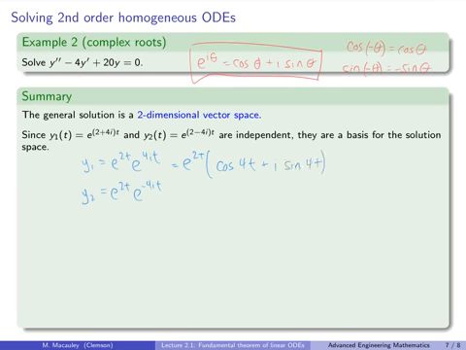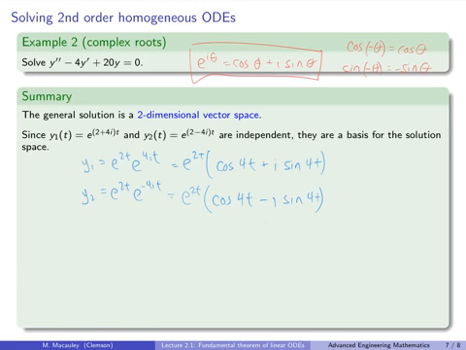And the second one is e to the 2t, and now theta is negative 4t. So cosine of negative 4t, well, the negative sign just gets absorbed because of this relation. And in the second term, the negative sign pulls out and becomes negative right here. So this is cosine 4t minus i sine of 4t. Okay, so this is y1 and y2.